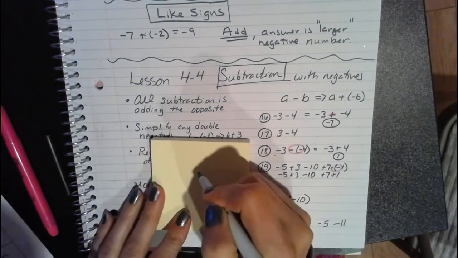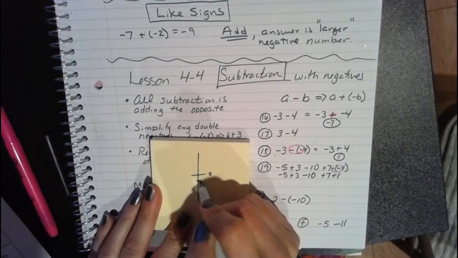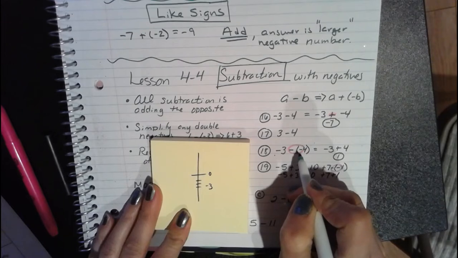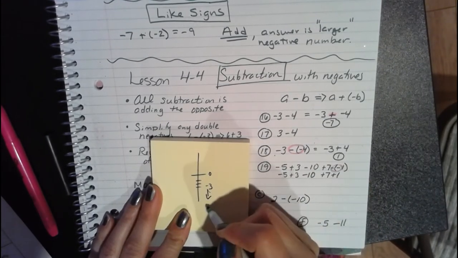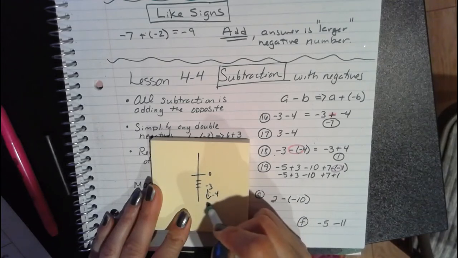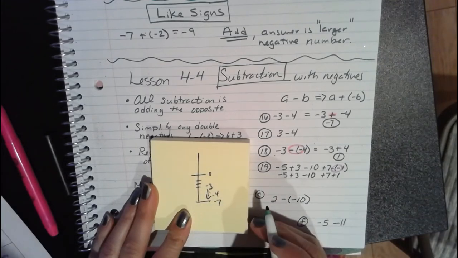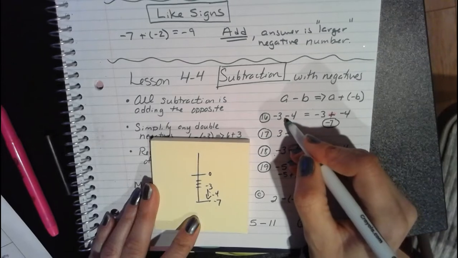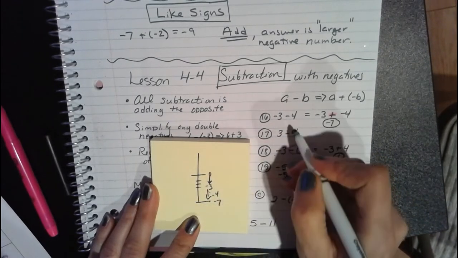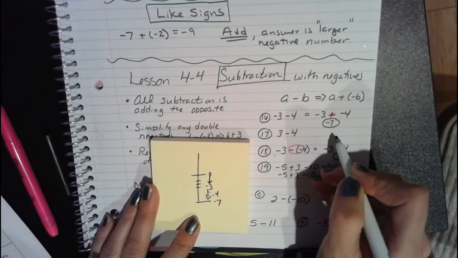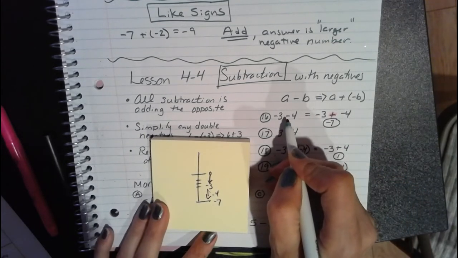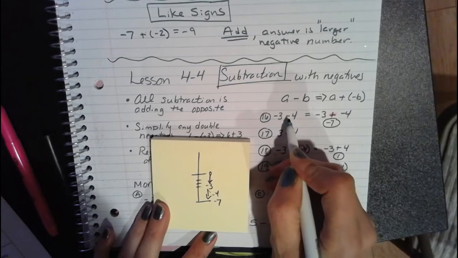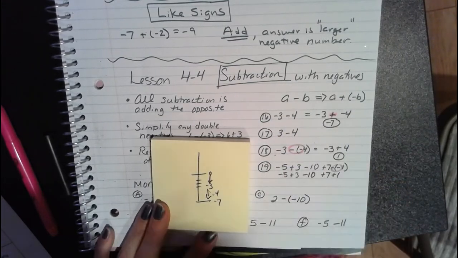I'm starting at -3, and this would say go down 4. Down 4 would take us to -7. Notice that even though this symbol here was a subtraction sign, when I go down and I go down, I end up even further down.